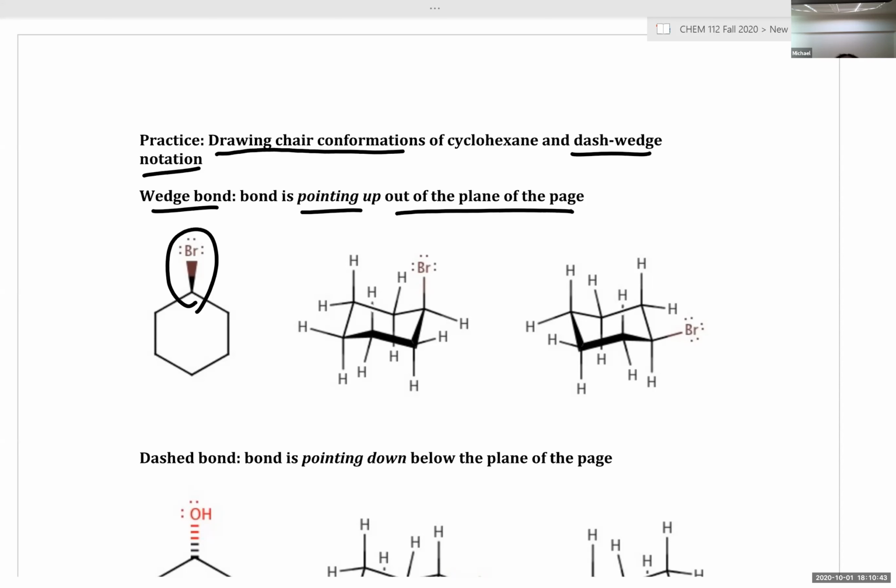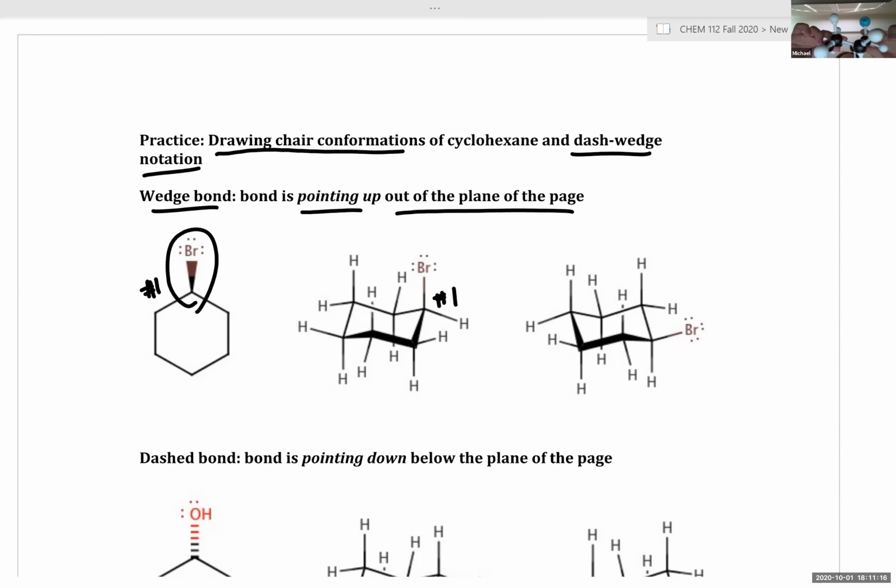Then I'm going to label this carbon as carbon number 1. At this carbon number 1, the substituent that is pointing up is going to be axial. So that would look something like this. Does everyone notice how the substituent at carbon 1 that is pointing up is axial? Does everyone see that?